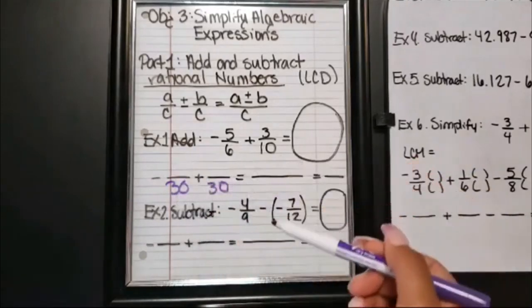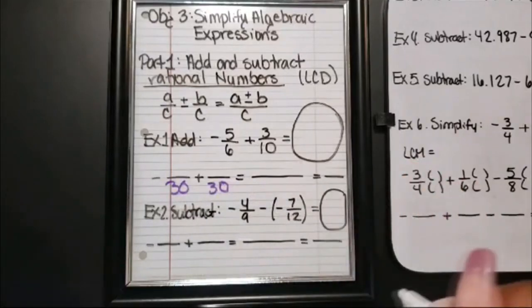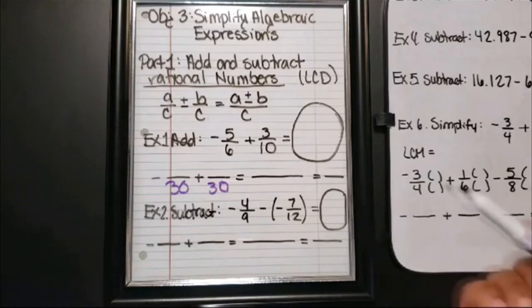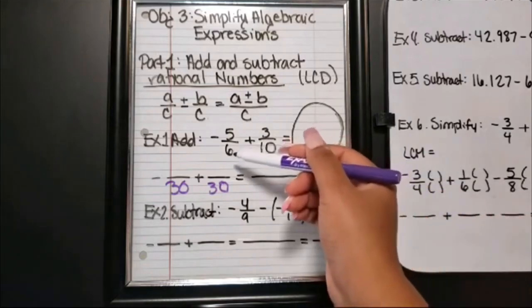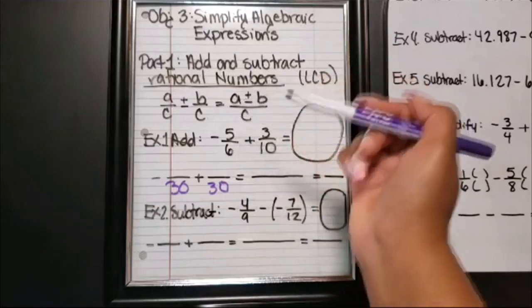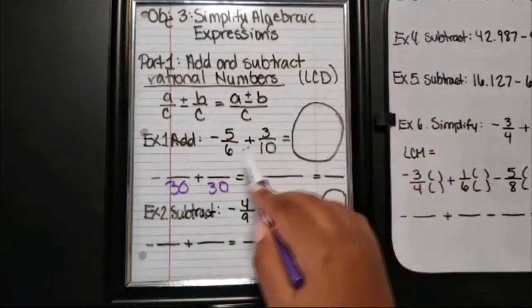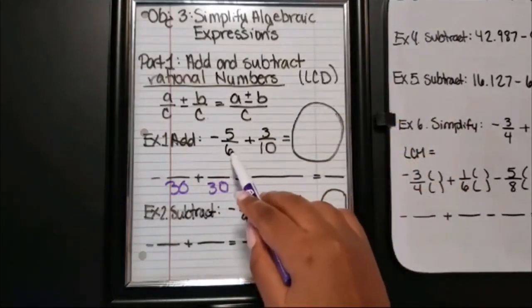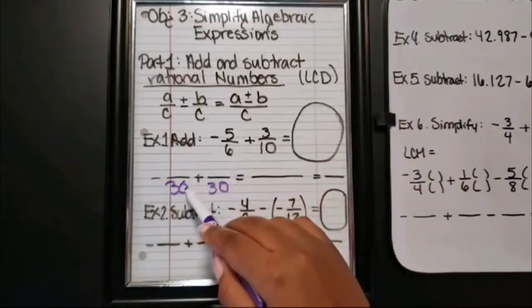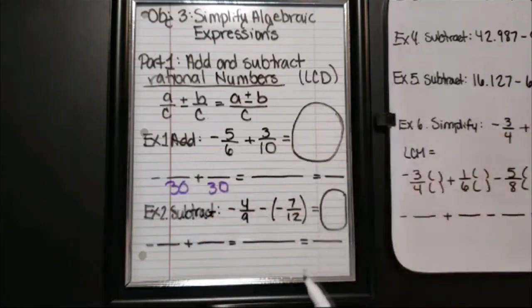All right, and when we are changing our fractions, the value of the fraction has to stay the same. So whatever we multiply the denominator by, we have to multiply the numerator by that same number. All right, so if we need to go from 6 to 30, we can multiply by 5, right?